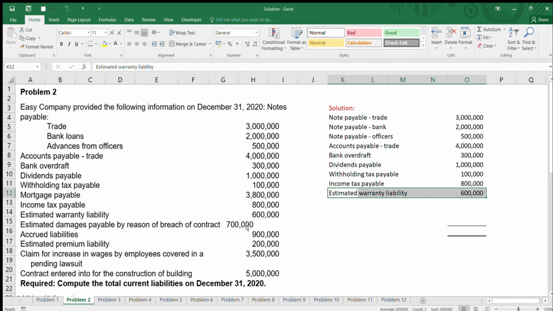So, once you breach them, you have broken promises, so it automatically becomes demandable. Demandable means it can be collected immediately by our creditor. So, since it can be collected immediately, meaning within 12 months we will have paid our creditor, that is included in our current liabilities as well.